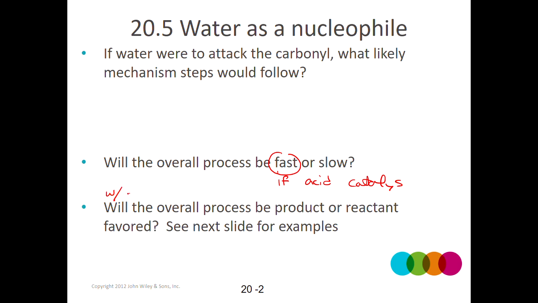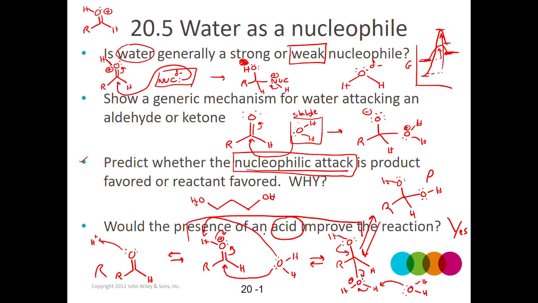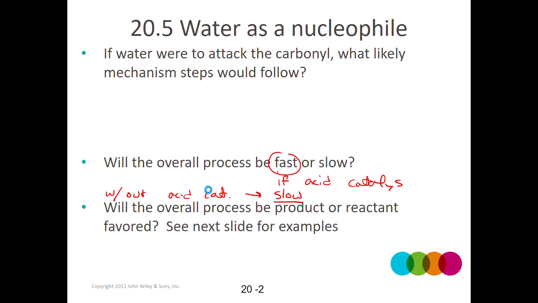So we'd say without an acid catalyst, it's going to be quite slow. And again, the reason for that is because without an acid catalyst, when the water attacks, forming two charges, this is a really pretty unstable intermediate, not very high energy intermediate, versus a much lower energy reactant. So the activation energy for that step is pretty much prohibitive.